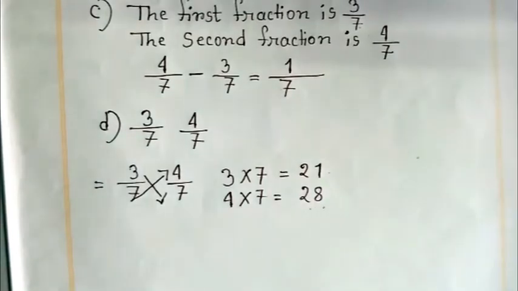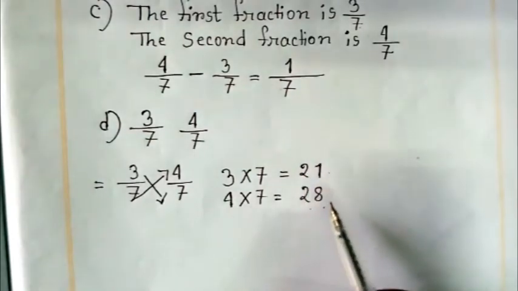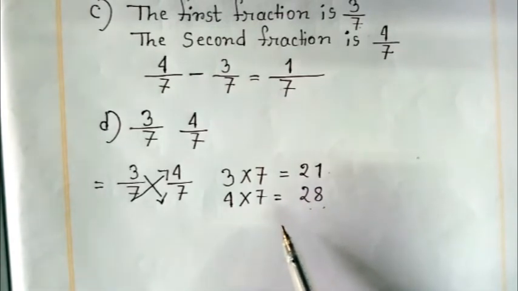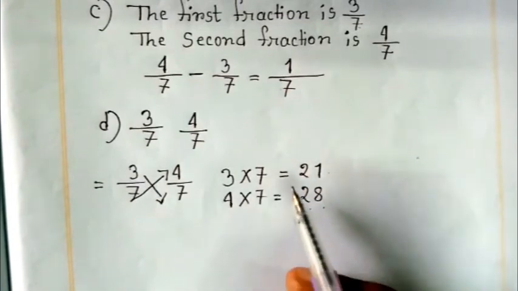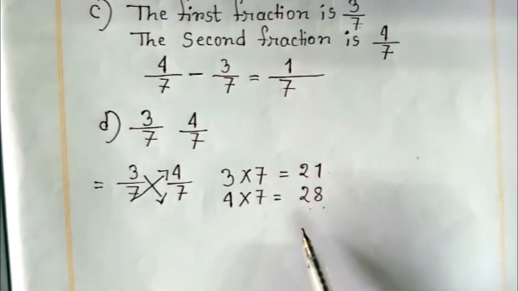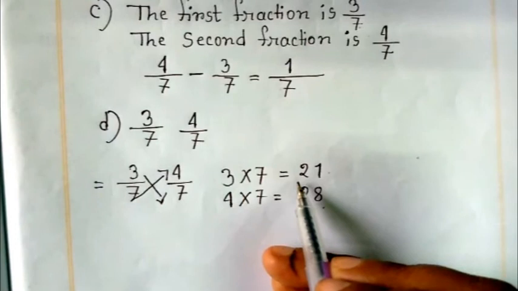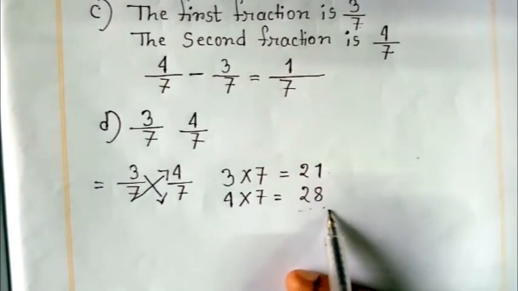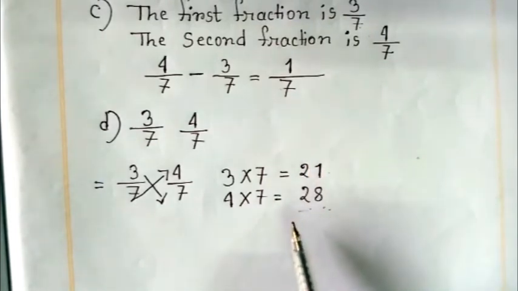So after cross multiplying, if the products are not equal, then they are not equivalent fractions. After cross multiplying, if the products are equal, then they are equivalent fractions. So here the products are 21 and 28, and they are not equal.